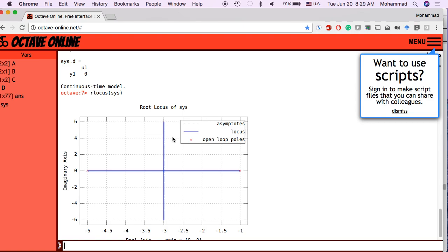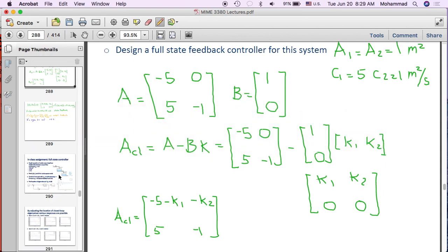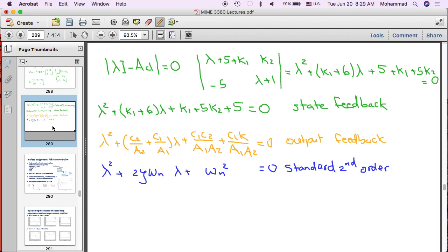Okay, so let's go back and do the same test, this time for our state feedback. So compare the coefficient of power 1 of lambda, which is k1 plus 6, with 2 zeta omega n.